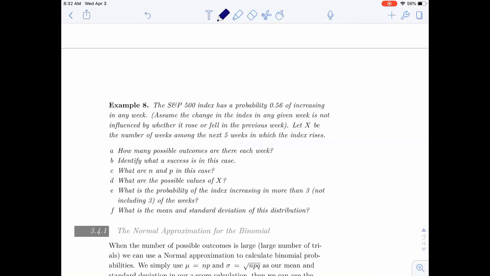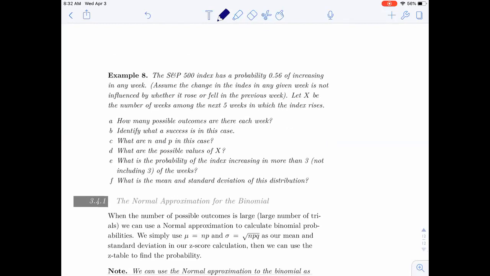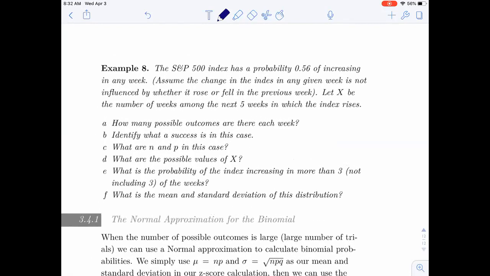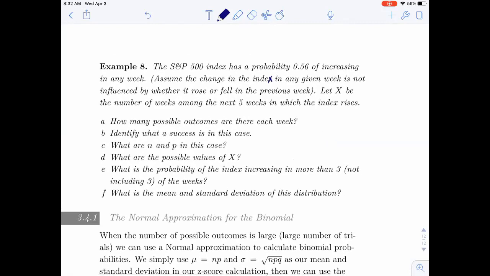Let's have a look at example 8. The S&P 500 index has a probability of 0.56 of increasing in any week. Assume the change in the index in any given week is not influenced by whether it rose or fell in the previous week.